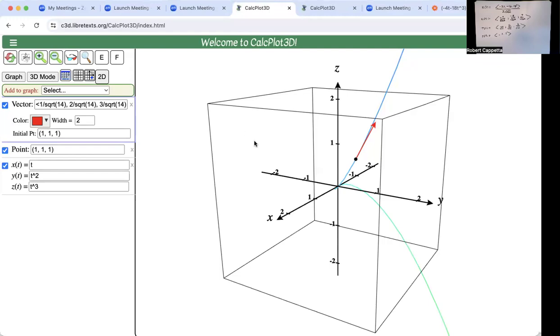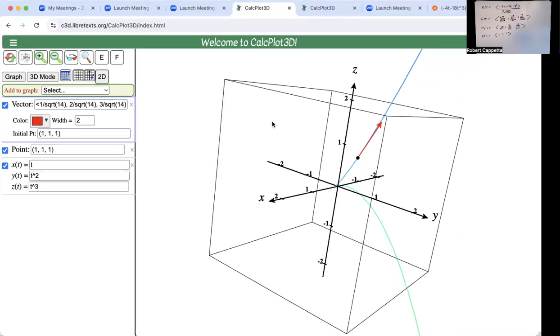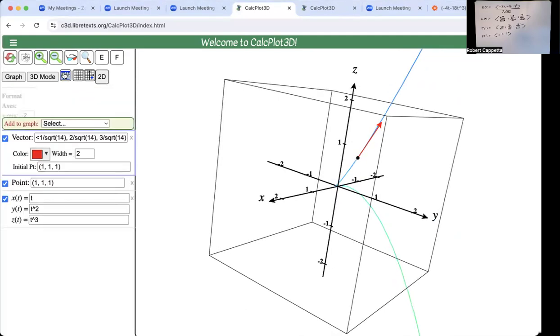Now let's see if N of 1 will be what we expect it to be. That would be nice if that happens. Let's see if that's the case.